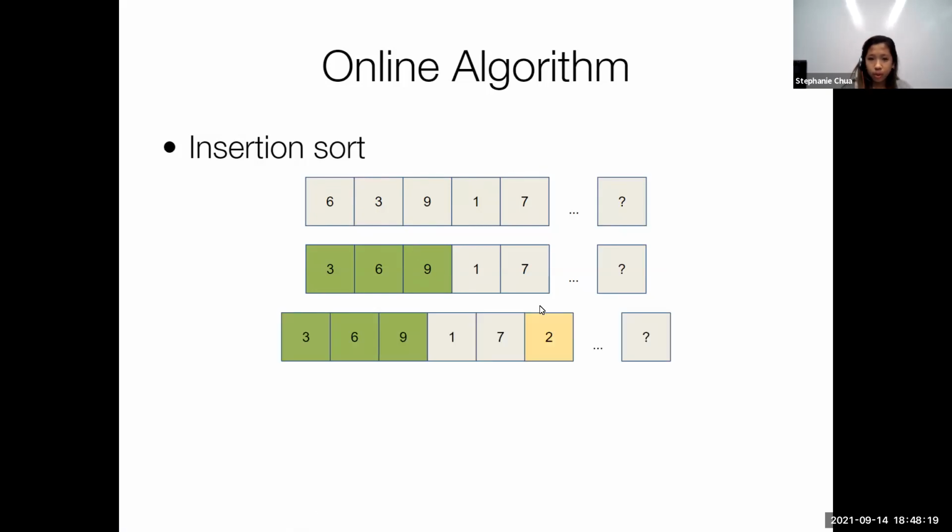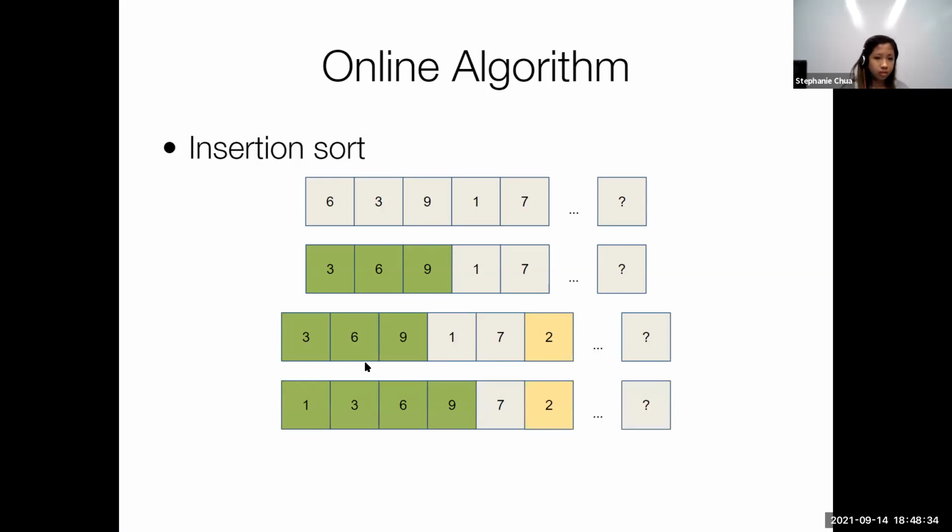And then we'll add a new element again, 2. But on the next iteration, what insertion sort will do is look at 1 and try to insert 1 in the right position. And so where selection sort has failed, insertion sort successfully continues running and returns a sorted list at the end.